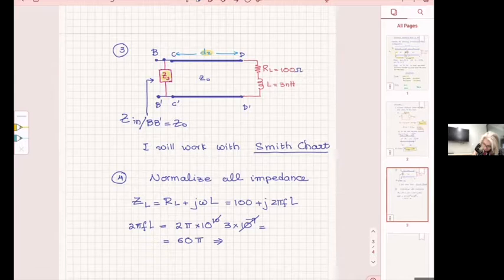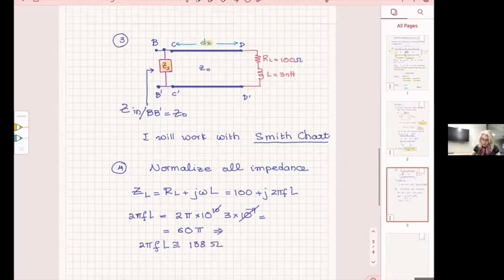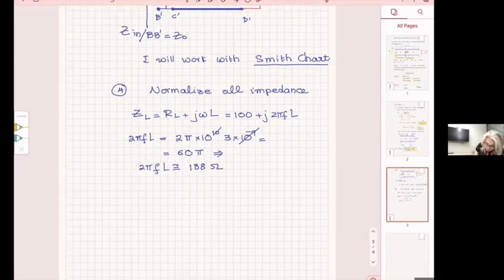So 2 pi F L is approximately 188 and a half, but just to make it less than a half, 188 ohms. So now I have ZL to be 100 plus j 188.